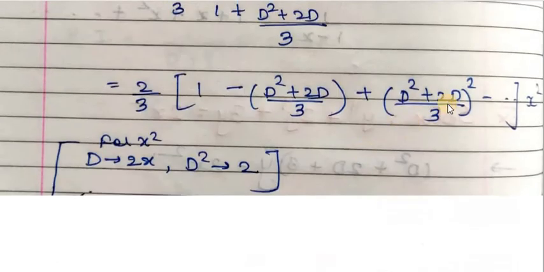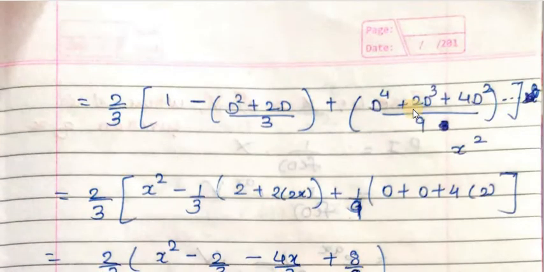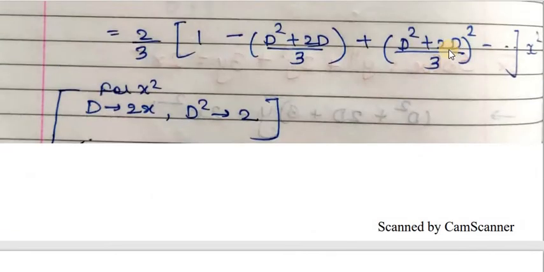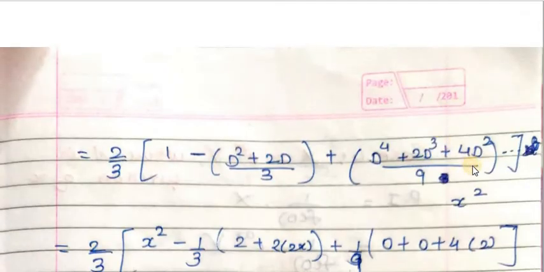1 will be as it is, d square plus 2d by 3 will be as it is, and then we will apply the formula of (a plus b) the whole square, so it will become a square plus 2ab plus b square. So d square will become d raised to 4. Then d square into 2d into 2, it will become 4d cube. Okay, right?